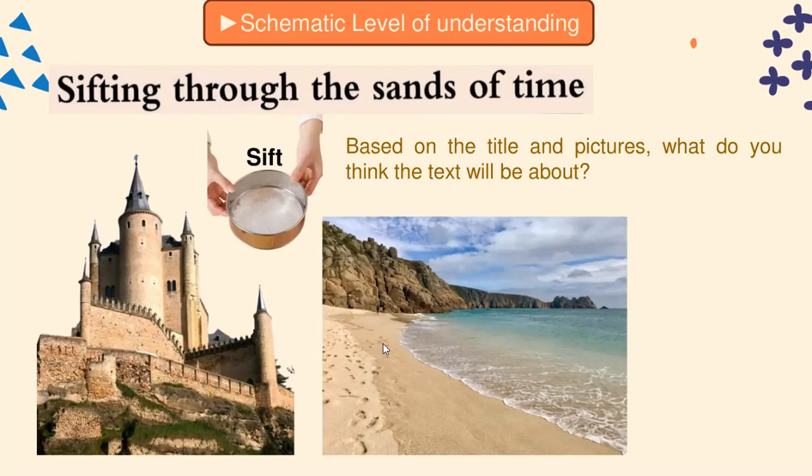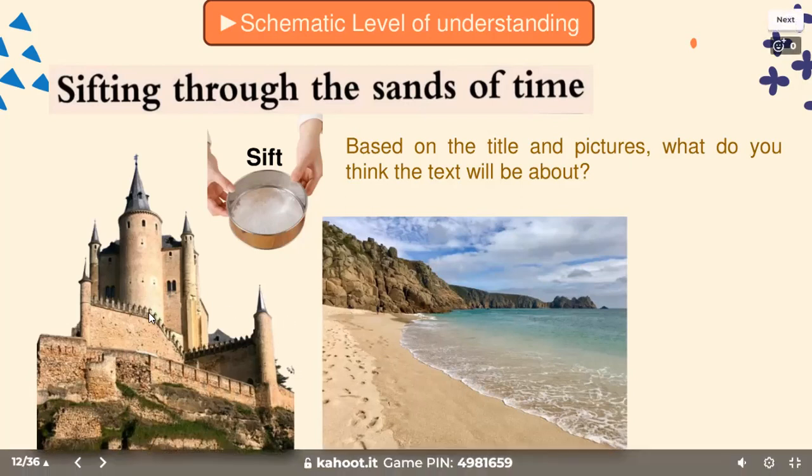The same location. Try to establish a link. Try to read the title, guys. Sifting through the sands of time, and this is the sift, and we have a castle.